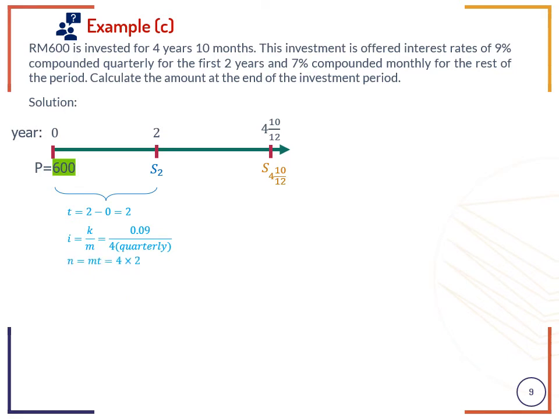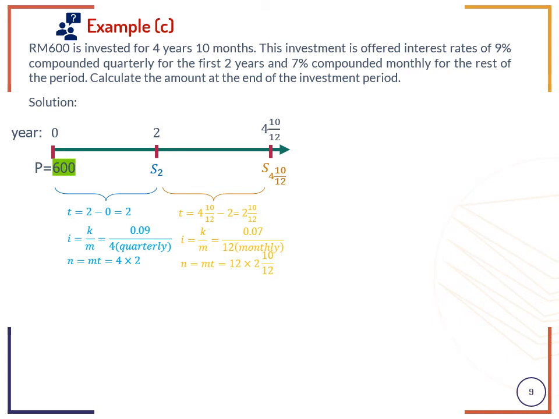N with the formula of MT is equal to 4 times 2. From year 2 until year 4 10 over 12, T is equal to 2 10 over 12. I is equal to 0.07 over 12. N is equal to 12 times 2 10 over 12.